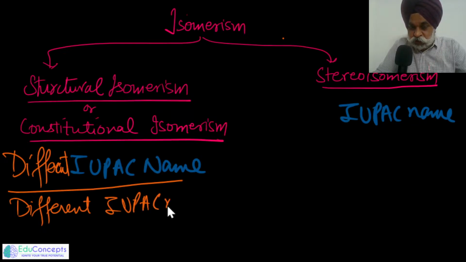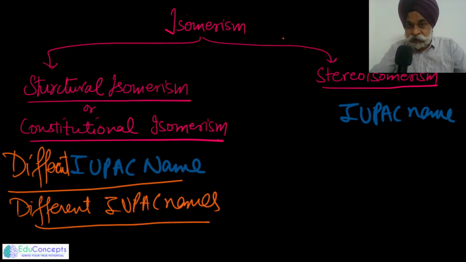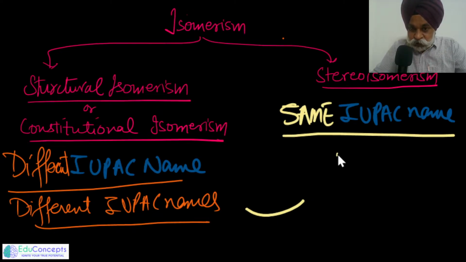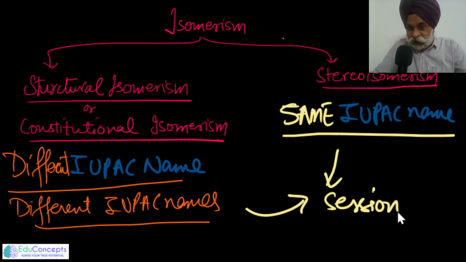But for stereoisomers, when you say two compounds are stereoisomers, their IUPAC names are the same. They would have the same IUPAC name. If you want to see into it, see session number 1, where I have explained this particular thing at length.